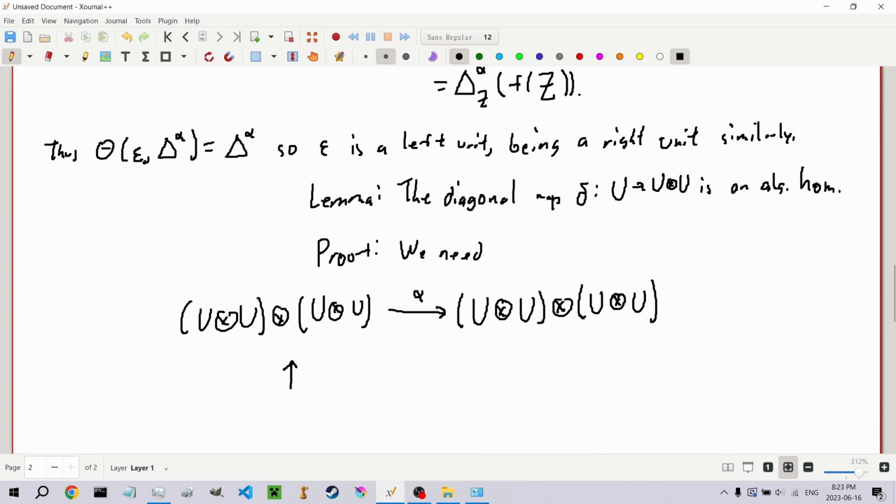We can map to this from U tensor U by delta tensor delta, theta to be U, to be delta of U tensor U, and we can go down on this side with theta tensor theta.